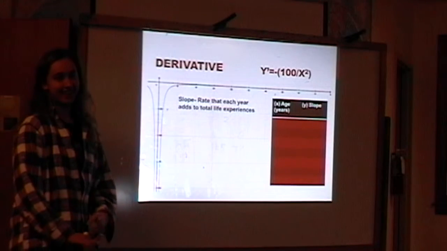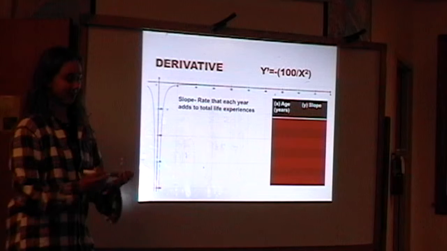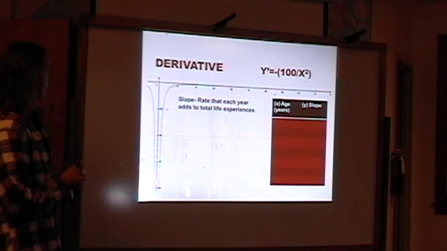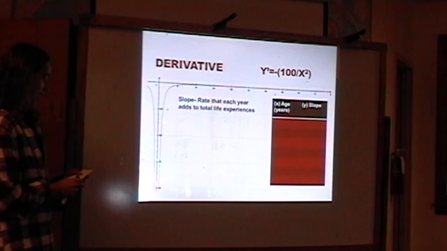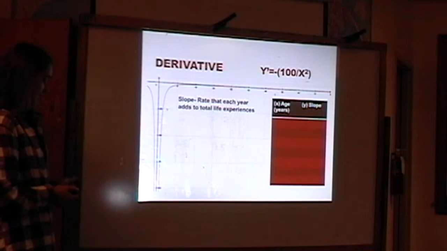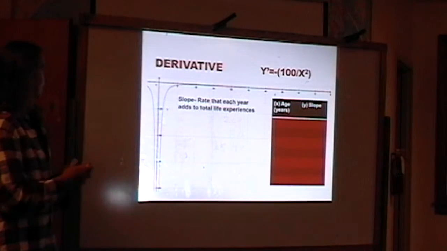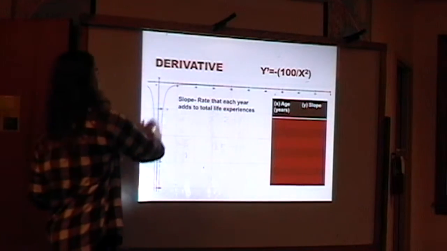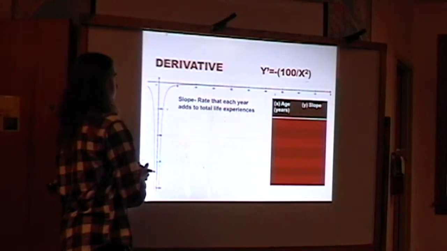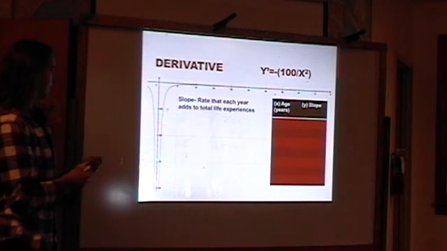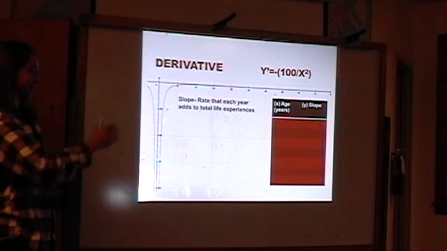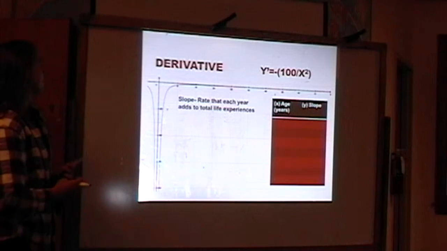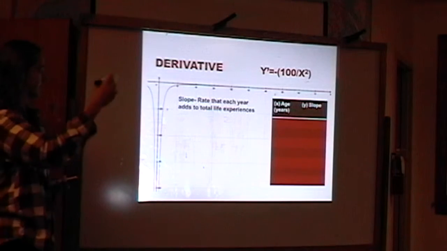When you find the derivative of that equation, it's going to mean the rate that each year adds to your total life experiences, and that has a separate data point selection. And this slope is all in a negative quadrant, which means you're adding years negatively, even though you're technically getting older and older.